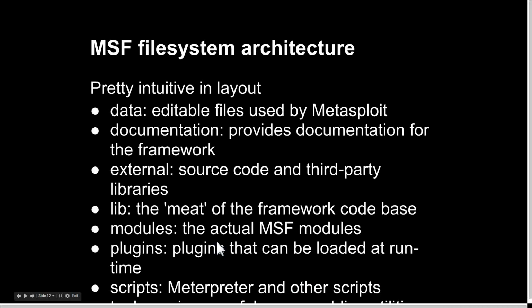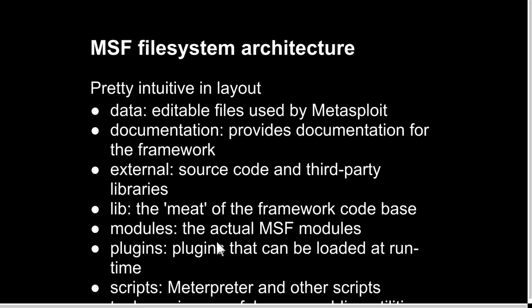So the file system architecture for Metasploit, when it's actually deployed, is pretty simple. It shouldn't be confused with the file system that's set up for all the tools in Backtrack. That's totally different. The directory housing Metasploit, wherever it's located in Backtrack or whichever distribution you set it up in, is intuitively laid out.